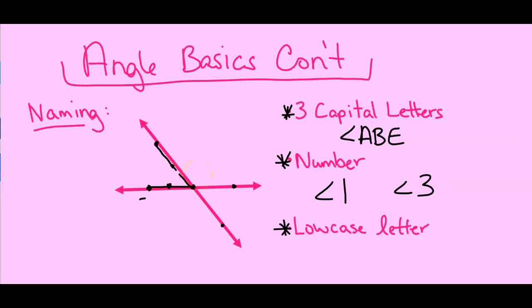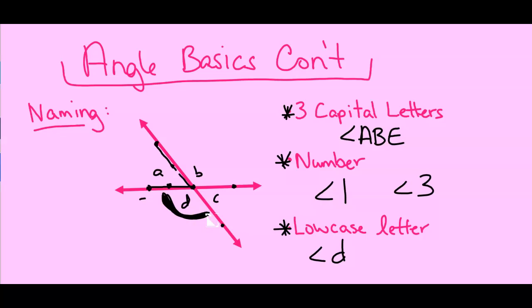So rather than the numbers, we could put lowercase letters within the angle area itself, like you see here. So if I said angle d, again lowercase, I am referencing this obtuse angle right here. So those are angle basics.